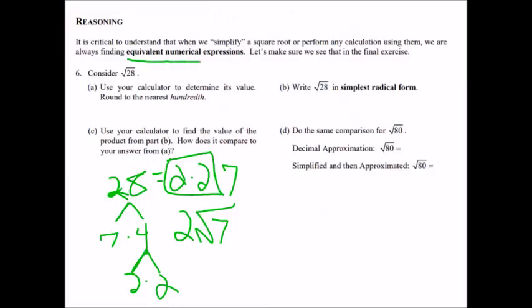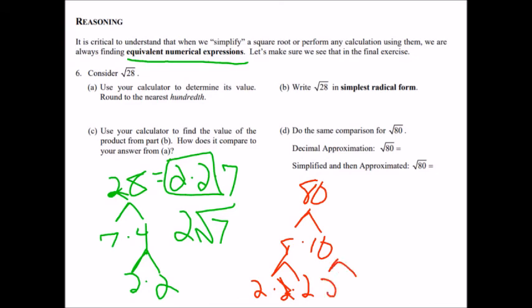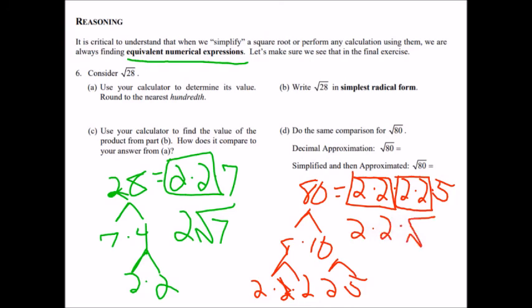numerical expressions. Then it asks us to do this for 80. 80 is 8 times 10. I'm skipping a few steps just to kind of make this not as long. We got 2 times 2 times 2, and then 2 times 5. So 80 is 2 times 2 times 2 times 2 times 5. So there are 2 sets of 2's, and then a radical 5.